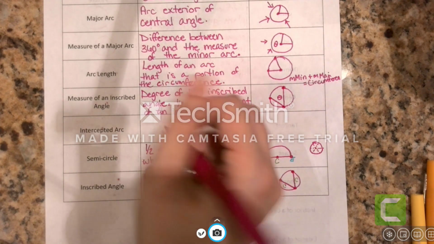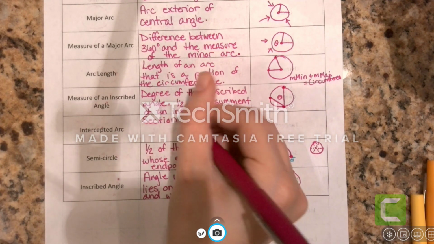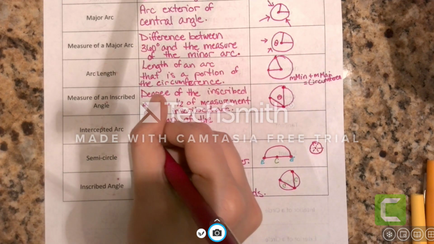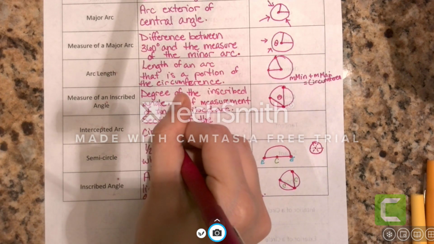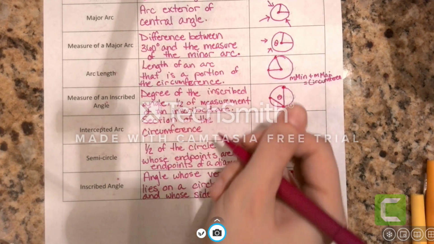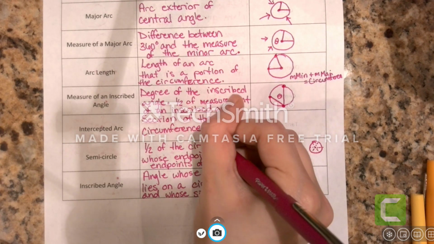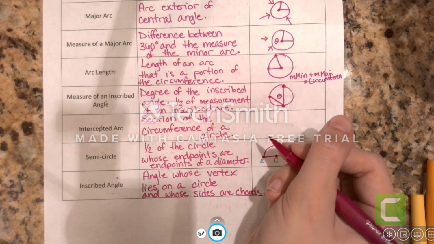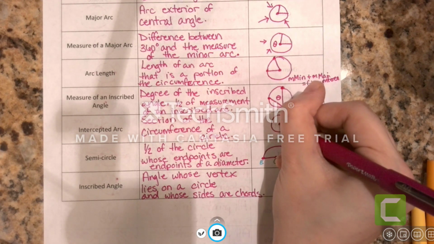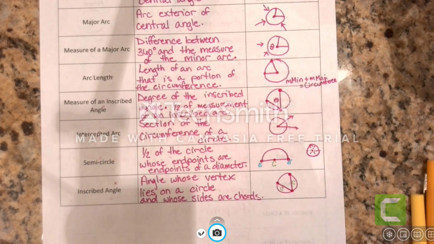The intercepted arc is a section of the circumference of a circle. And again, all that's referring to is the part of the circle that's been cut.